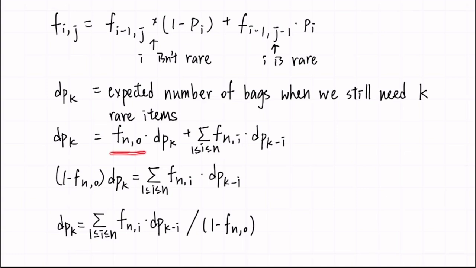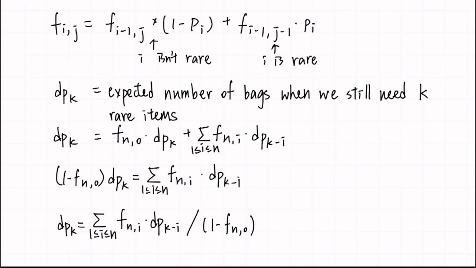If there are no rare items in the current bag opened, then that occurs with the probability of fn0. And since none of the items are rare, we will still need k rare items, so we multiply this by dpk. And for each i from 1 to n, if i items are rare, then this occurs with a probability of fni.